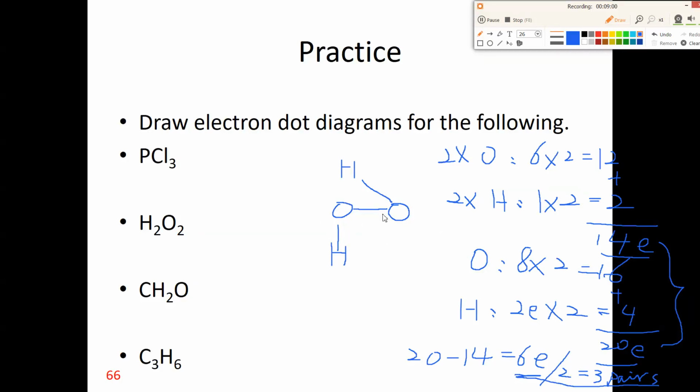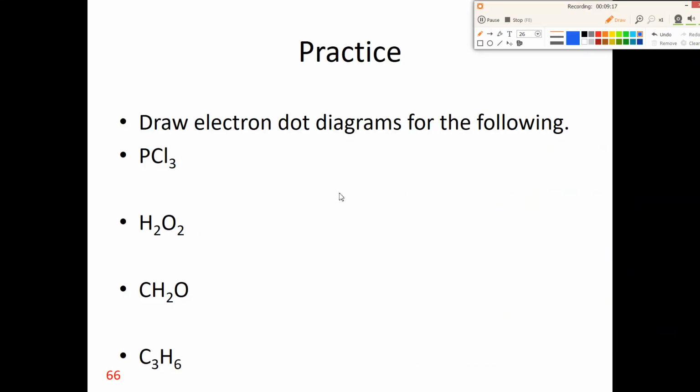Why link like that, but not this way? Because both oxygen and central atom, it has to. Central atom means it at least has 2 bonds linked to it. So if you draw it this way, this one becomes terminal.